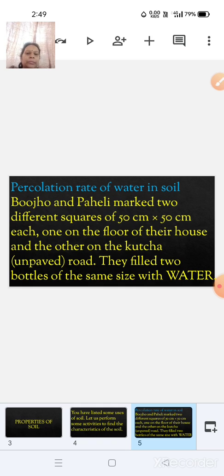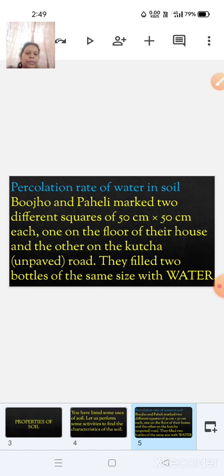So here, Buzo and Pehli marked two different squares of 50 centimeters by 50 centimeters each. One of them was on the floor of their house, which was paved or the pakka one, and the other one was the kacha or the unpaved road.